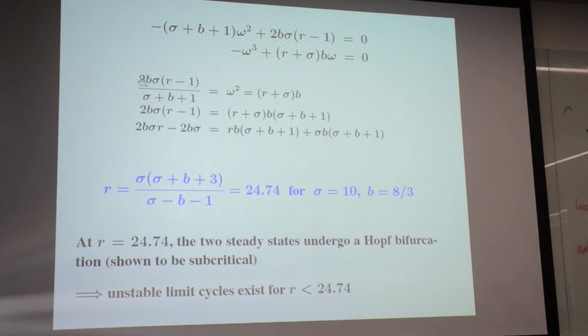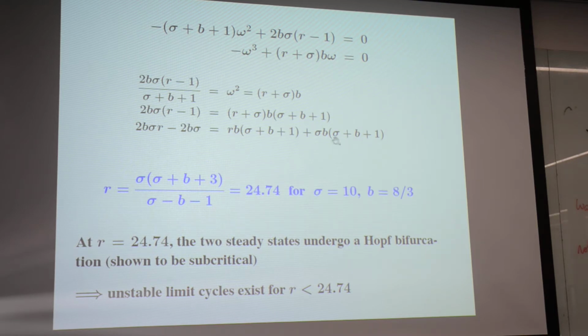We've just written 2b sigma times r minus 1 is equal to sigma plus b plus 1 times r plus sigma. We've just multiplied out. And now we have r that occurs here and here, right? So we just have an equation for r, where we're going to put sigma plus b plus 1, plus 2b sigma.